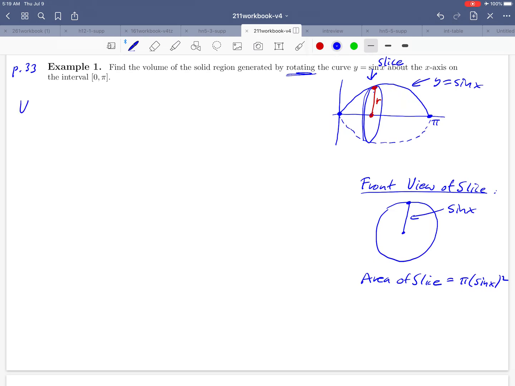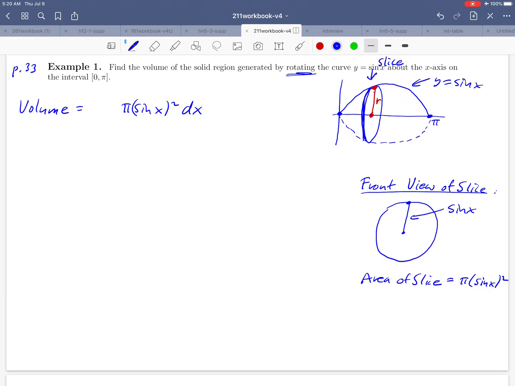To find the volume, we're going to take that cross-sectional area, pi times sine of x squared, and multiply it by its thickness. Think of the thickness on our picture as this little distance in the x direction. We're going to call that dx, to emphasize that it's a very small horizontal distance. So pi sine of x squared dx is like the volume of a very thin cylinder on its side.